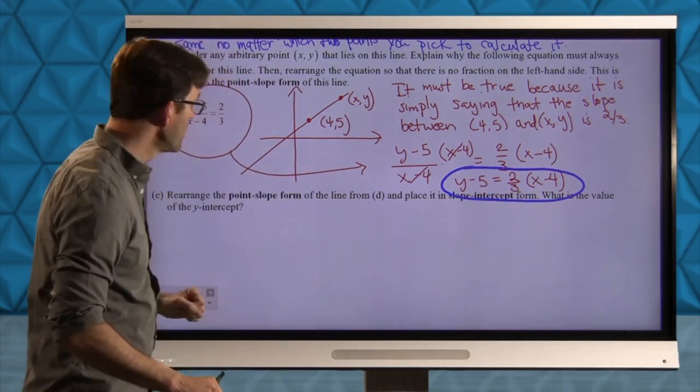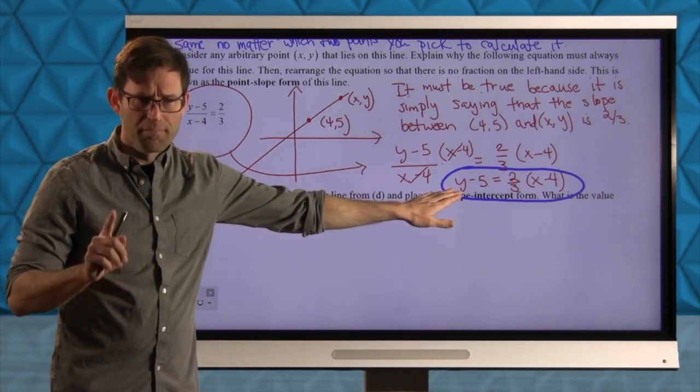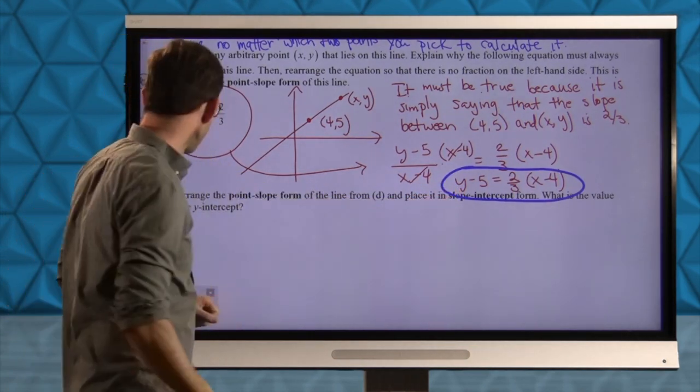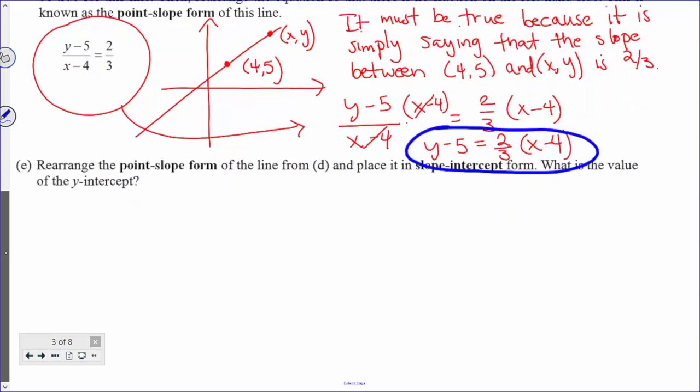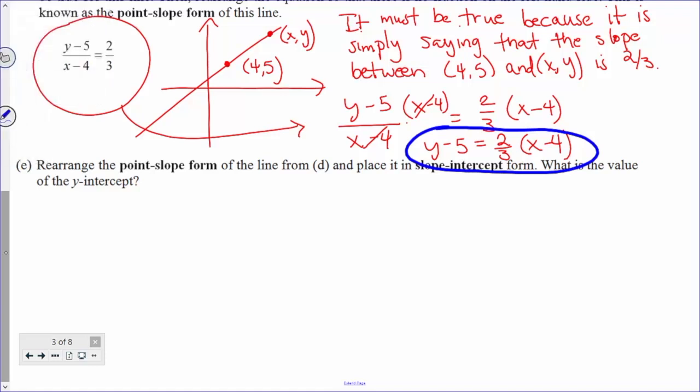All right? Don't worry, we're going to come back to that. But let's finish off this problem. Letter E. Rearrange the point-slope form of the line from D and place it in slope-intercept form. What is the value of the y-intercept?